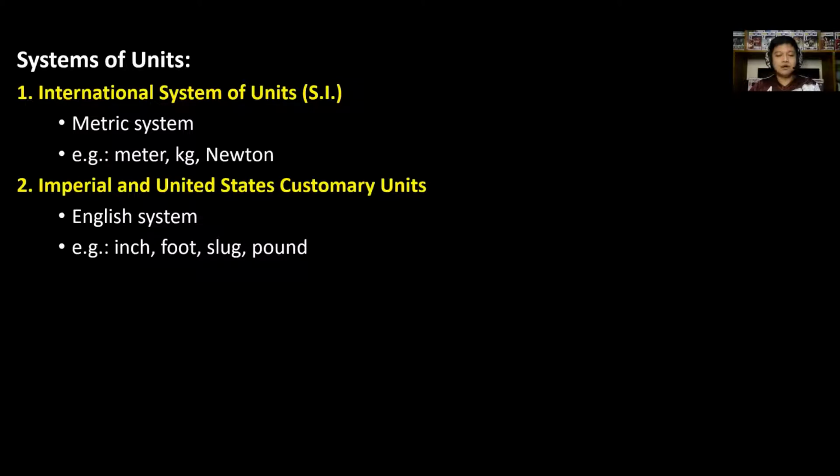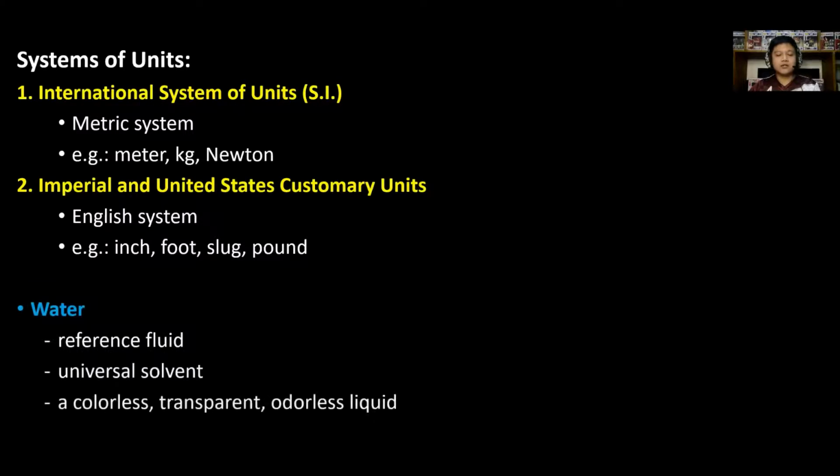Sample units are inch, foot, slug, or pound. Note that for this course, we will consider water as the reference fluid because it is considered the universal solvent. Some properties of water are: it is a colorless, transparent, odorless liquid.